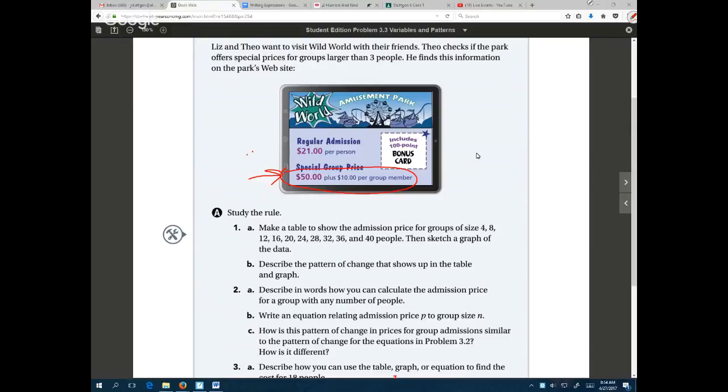$50 plus what? So how much does it cost for 40 people? 15 plus $10 per person.